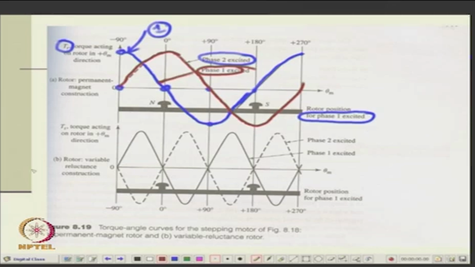If the rotor is variable reluctance, then it will be different. In variable reluctance, if phase 1 is excited, this will be the curve.